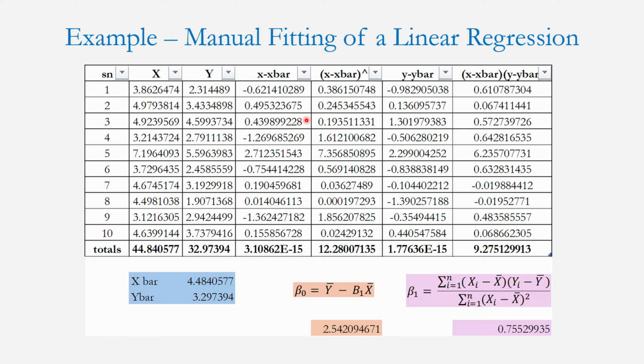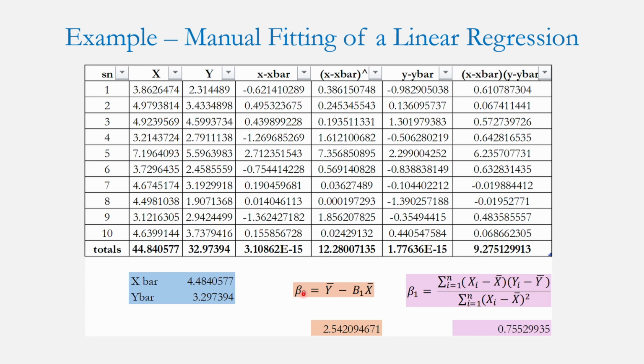Here we have an example, and in this example we had 10 observations of x and y, and what we did here was just get the values of each. So we have the totals at the bottom, and then what you compute is, of course, remember from our formulas of beta naught and beta 1, we need y bar and x bar, and that's just the mean.